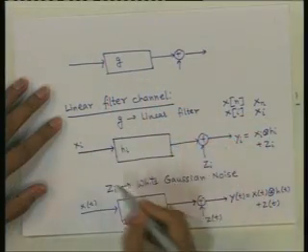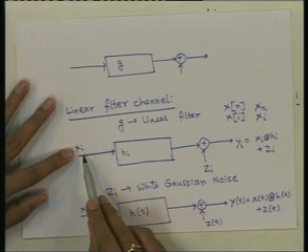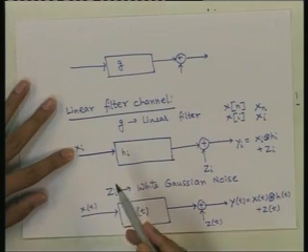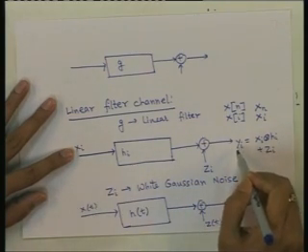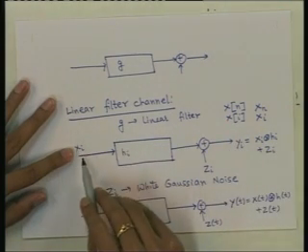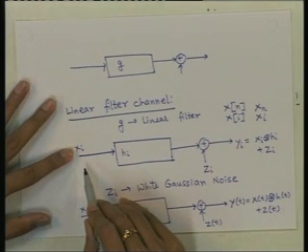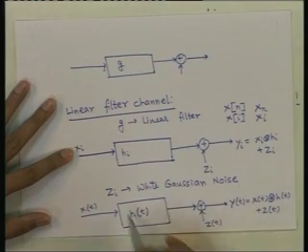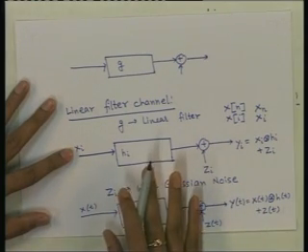Now, we have discussed this linear filter channel, and here also we see that what happens to the signal now depends on what happened before, that is what was transmitted before. In other words, what we receive now depends on not only what we transmit now, but also on what we transmitted before. And as a result, these channels also have some kind of memory, that is they remember what happened in the past.